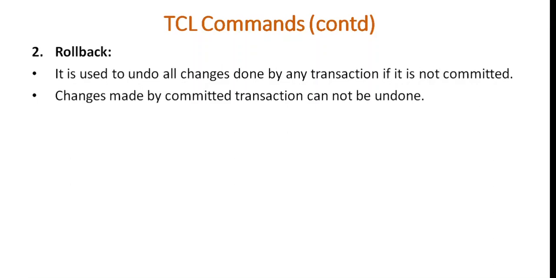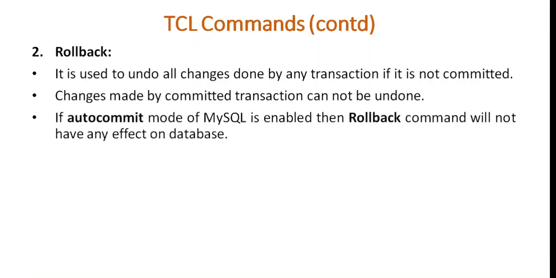Changes made by a committed transaction cannot be undone. So if you want to remove or undo your changes, the rollback command can be used. If auto commit mode of MySQL is enabled, then the rollback command will not have any effect on the database.